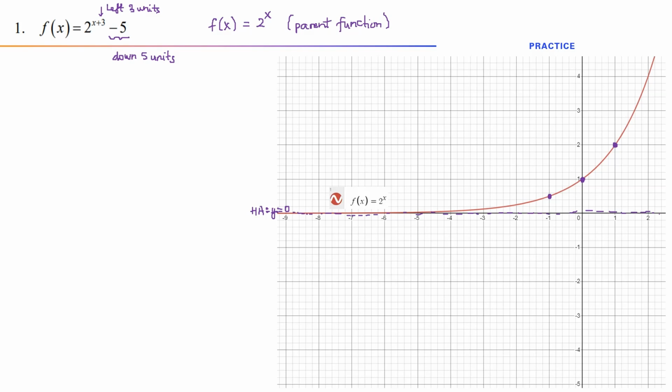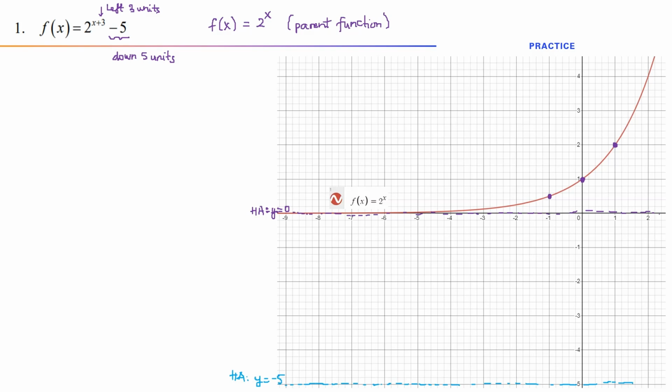Now our new function shifts down 5 units, so the new horizontal asymptote is y equals negative 5.